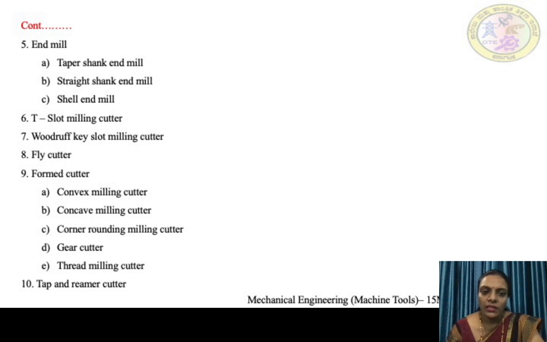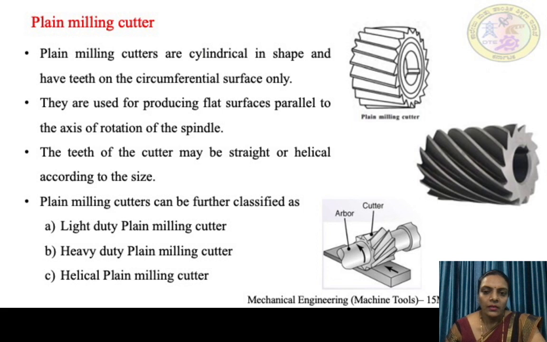Formed cutters can be subclassified into five types: convex milling cutter, concave milling cutter, round corner milling cutter, gear cutter and thread milling cutter. And lastly, the tap and reamer cutter. We will discuss all these one by one in detail.